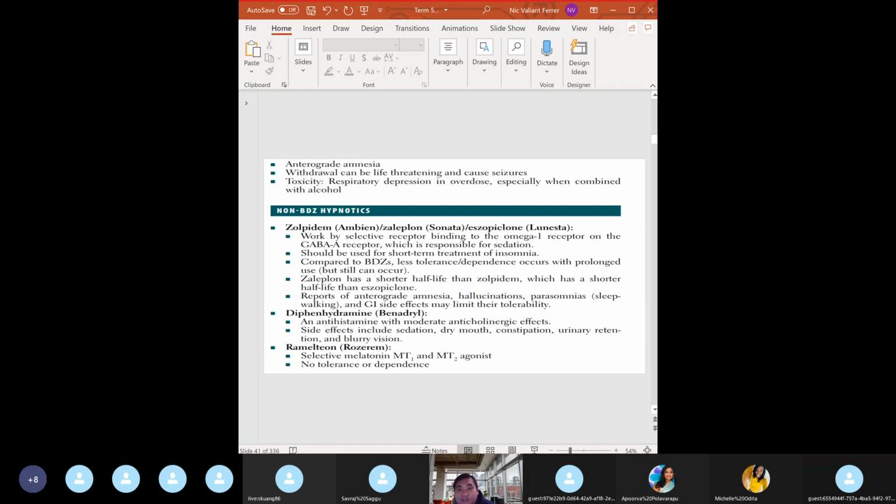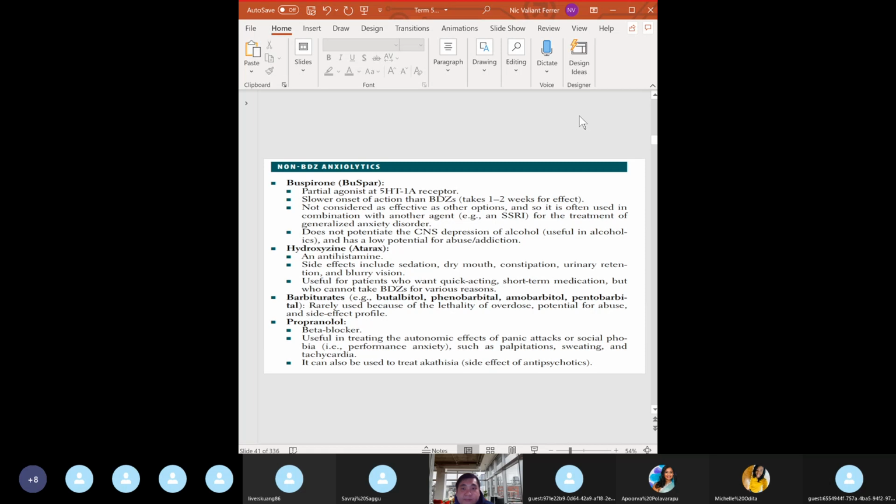Of course, diphenhydramine, Benadryl, side effects: sedation, dry mouth. And ramelteon, selective melatonin agonist, high yield, no tolerance or dependence. So no tolerance for zolpidem, diphenhydramine, and ramelteon.